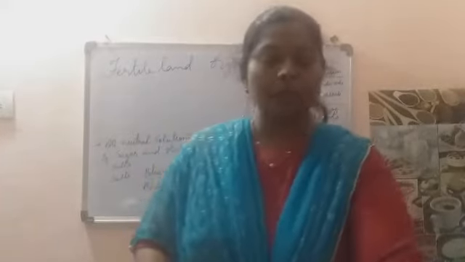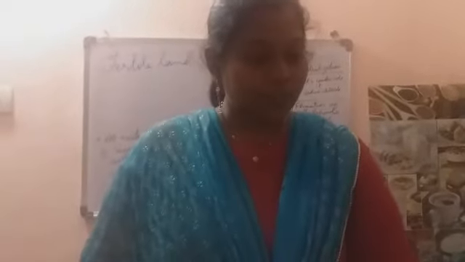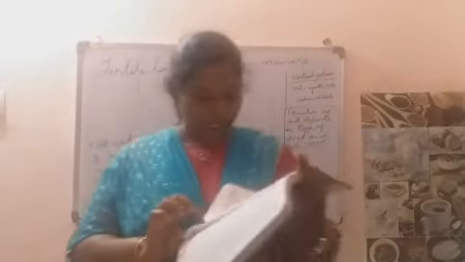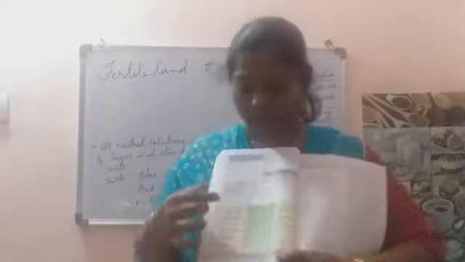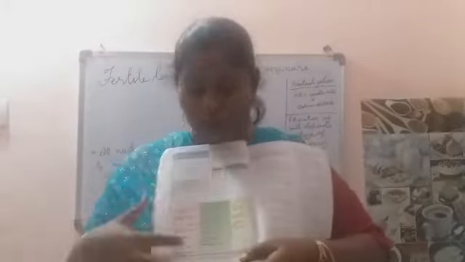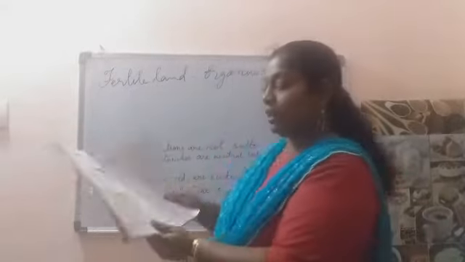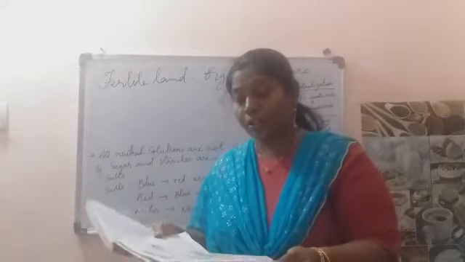Let us see from the textbook, there are different things that we have to learn. Okay children, see acids, bases and salts. If you see in your textbook page number 16, here they have given a table in which we are discussing the different acids, bases and salts that we are using.